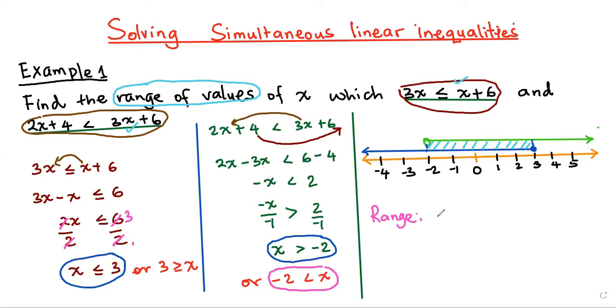So I say that negative 2 is less than x. Then I have this x is less than or equal to 3. So this is what we call the range of values. Do you understand, student?